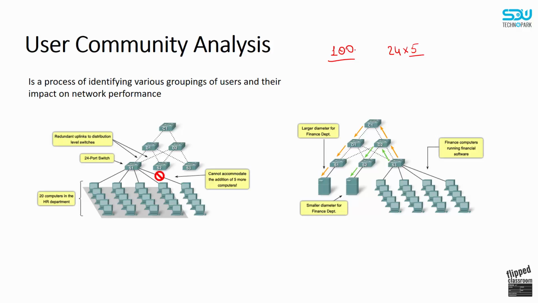Maybe now it is 100, but after 2 or 3 years it will be 200 or even 500. So in case your organization is going to grow well in future, then you have to analyze what kind of switches to buy. Those switches which are expandable, or those switches which are fixed. I mean, not expandable, but fixed.